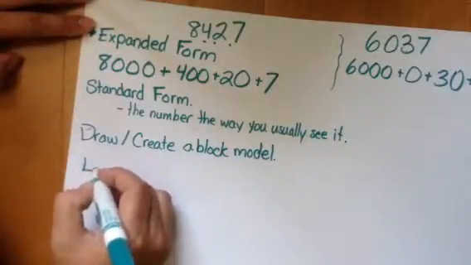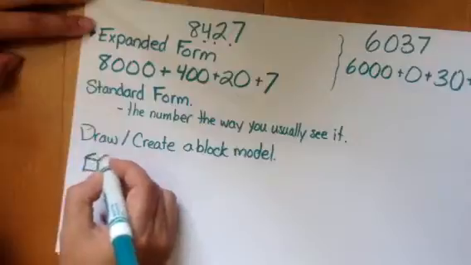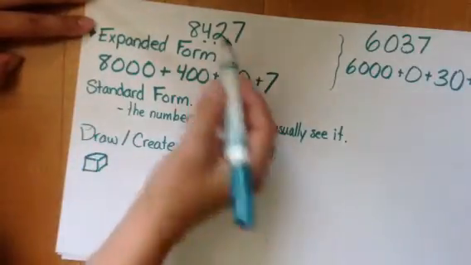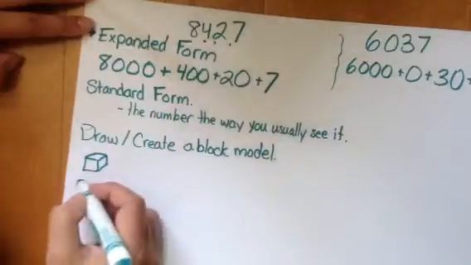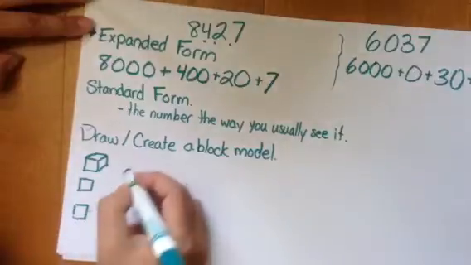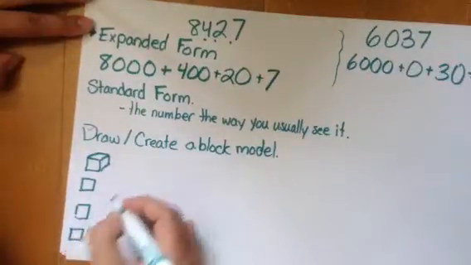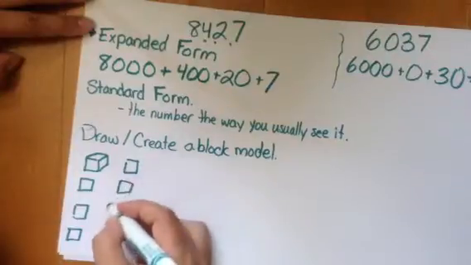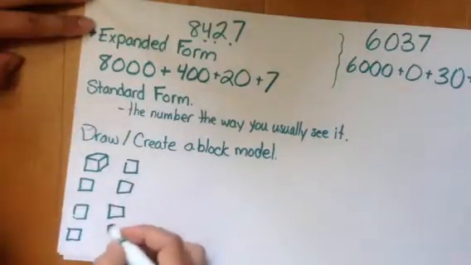1,000 is a cube. Now, because I'm using an 8, I would need, ignore my terrible cubes.